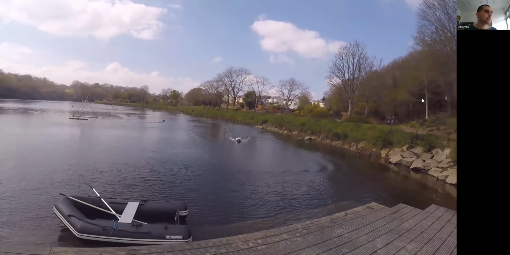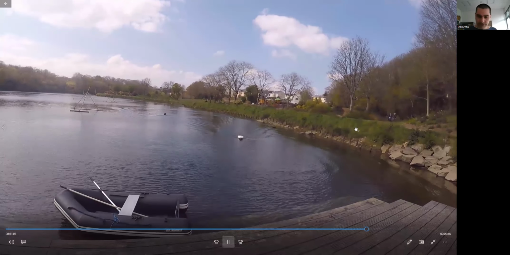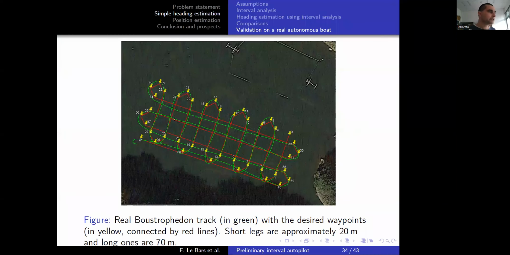Okay. So the experiment we made with an autonomous control algorithm is this one. So a typical survey trajectory in an area, and we can see the waypoints in yellow that are linked in red, which would be the ideal trajectory, and in green we have the GPS position of the robot.